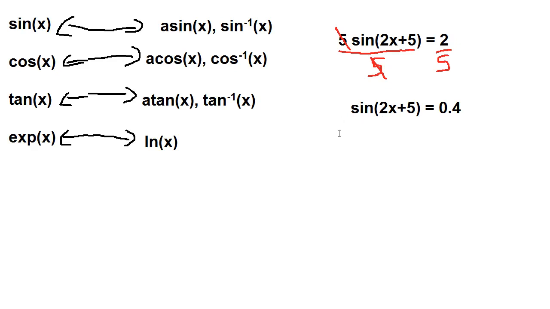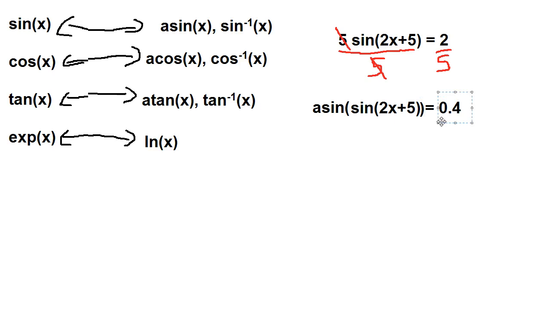So what you need to do here is eliminate this function by applying the inverse function to both sides. On the left-hand side, you're going to apply the inverse sine function to it. And this inverse sine function is going to contain everything on that side, so we're going to put a pair of braces around it to indicate that it contains it.